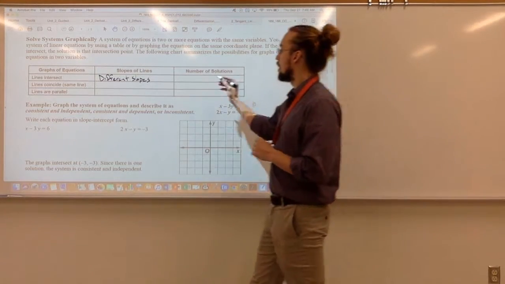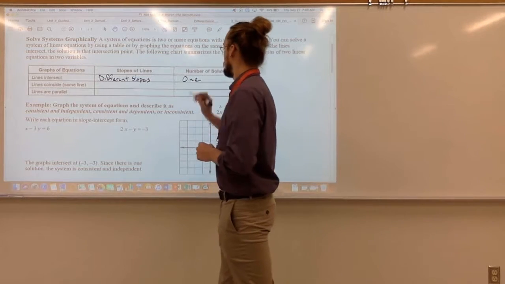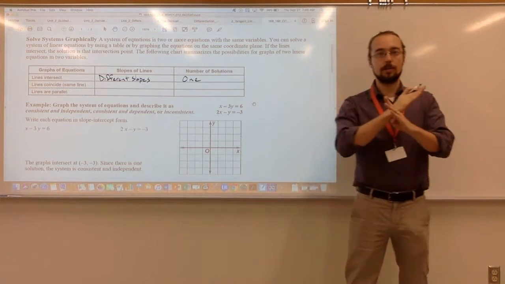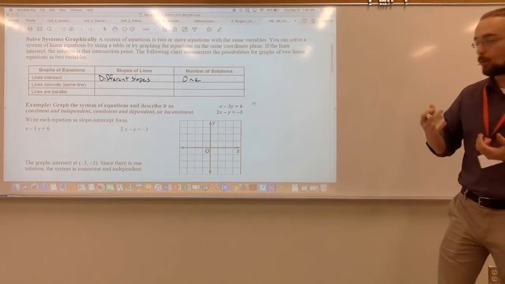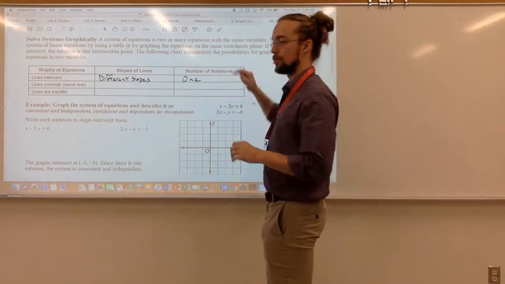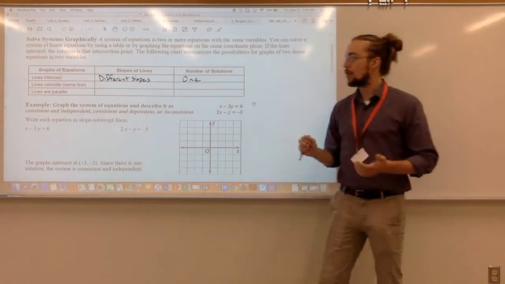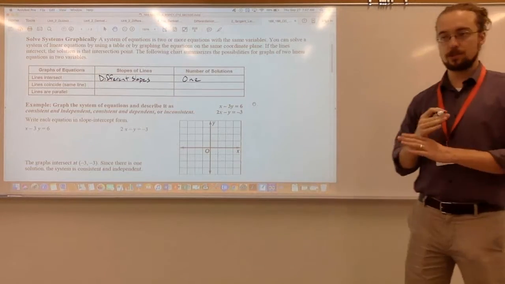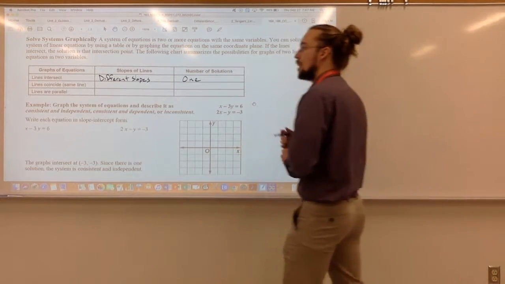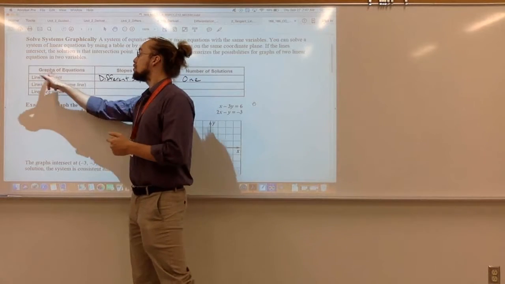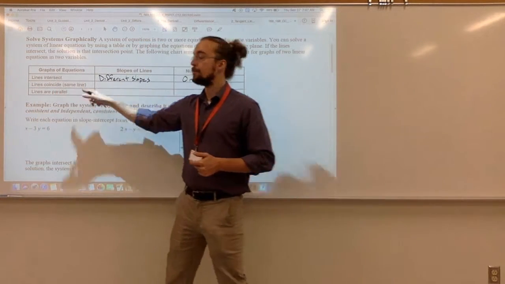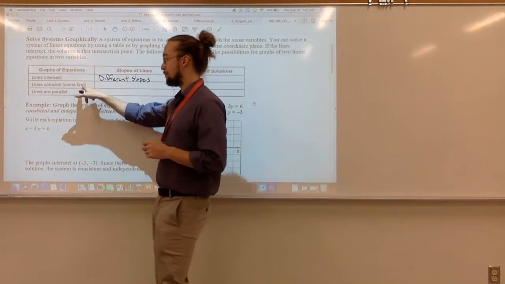One. If those lines have different slopes and they intersect, they're only going to intersect at one spot. That point of intersection is our solution. So if I graph two lines, the solution is that point where they intersect. And this is going to be the most common one. But there are two other things that could happen.